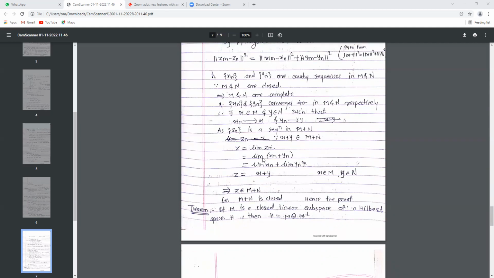So it is the limit of Zn, that is, xn plus yn. By separating the limit we get the limit of xn plus the limit of yn, and the limit of xn is x and the limit of yn is y.